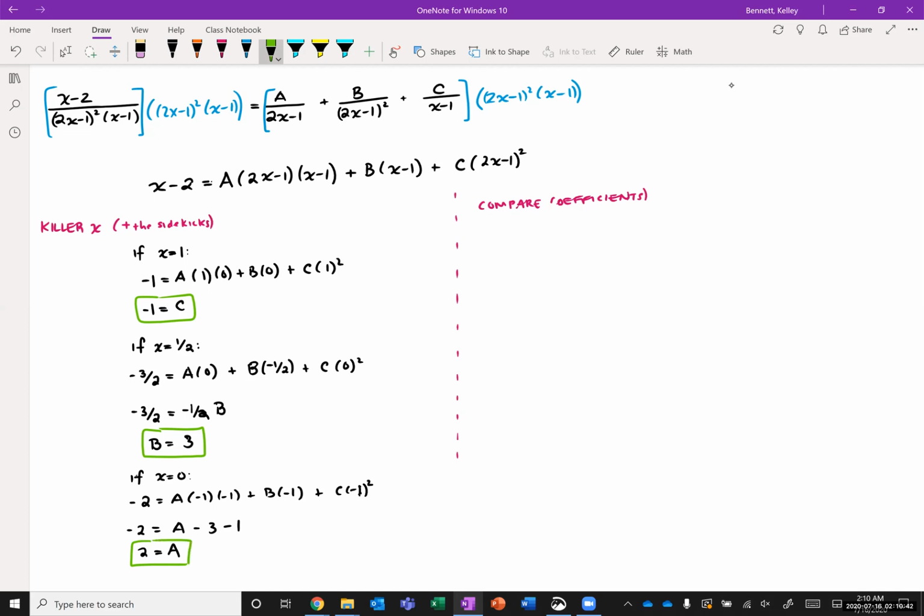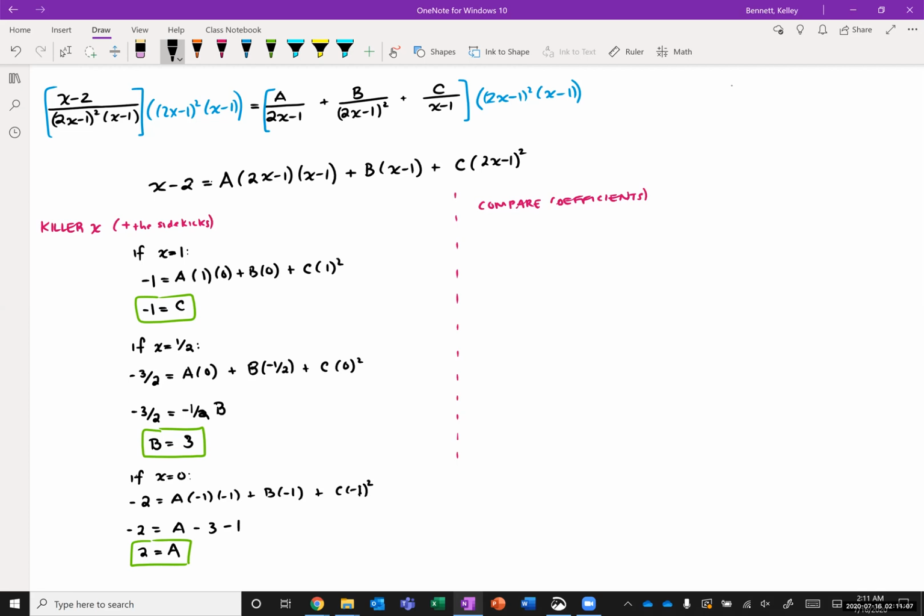Let's look at comparing coefficients. Usually when we have a repeated linear term, it gets a little bit more complicated. And I know some of us could probably benefit from practicing expanding products of polynomials. I say that with love. I noticed some stuff.